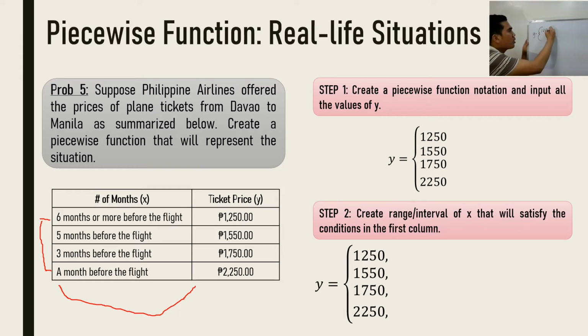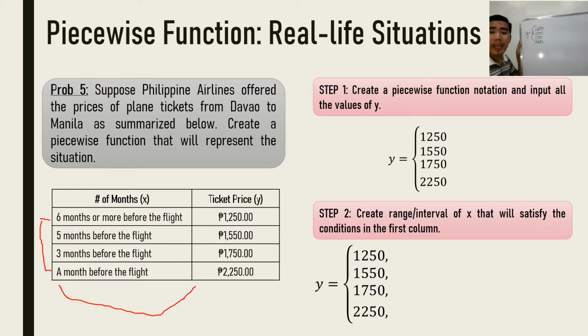Now, how to make the condition for 1,550? I will write all of them first. Then 1,750. The same time, 2,250. So, hopefully, the values are the same as in my PPT. Anyway, this is just to elaborate more.